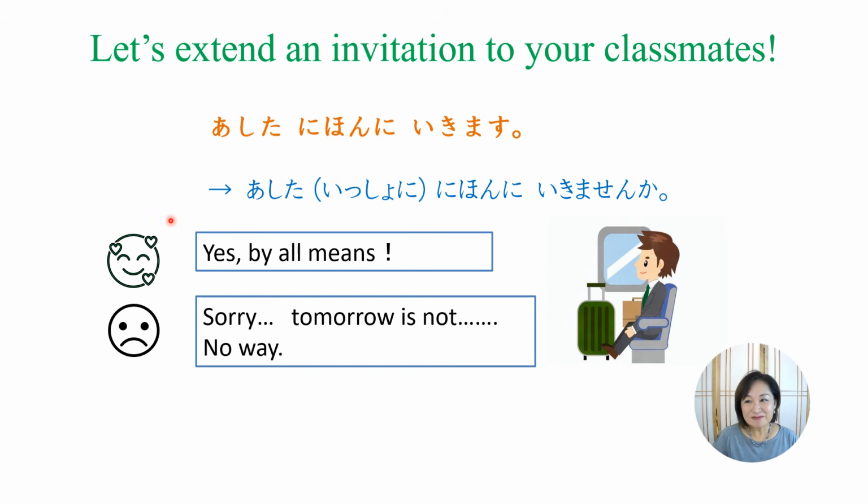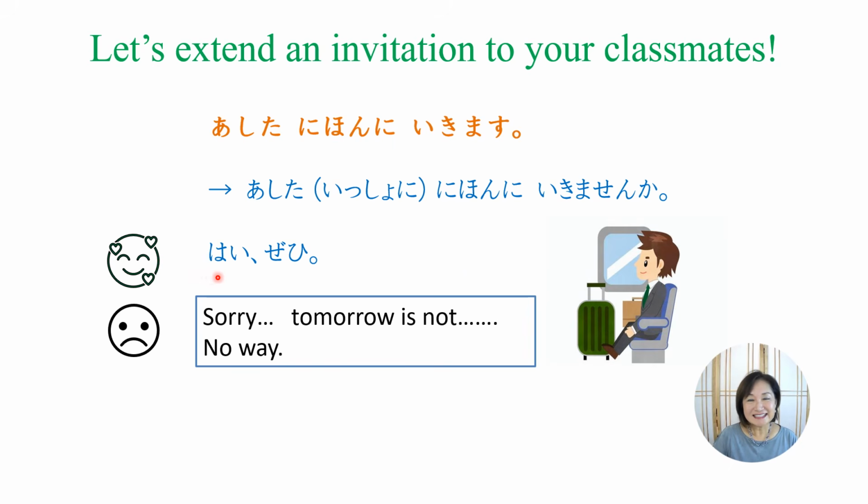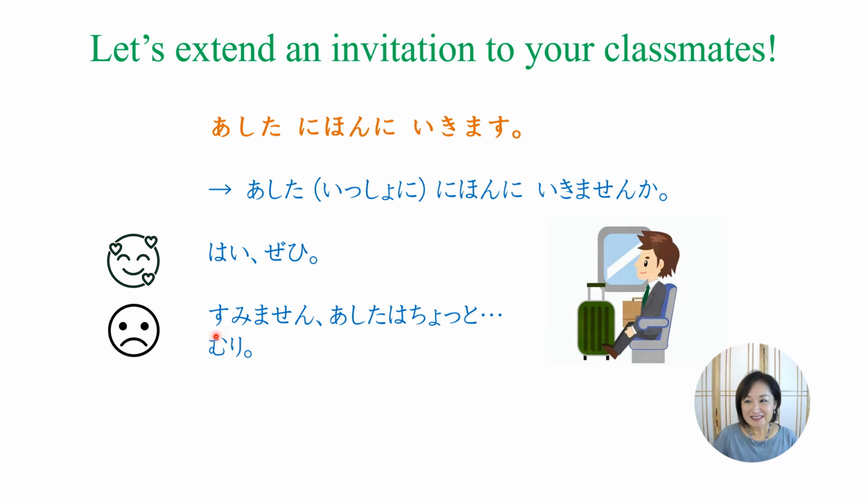Alright, please accept the invitation by all means. はい、ぜひ。And to politely decline, you can say many ways, but let's try one of those phrases that you know to decline the invitation. そうです。すみません。明日はちょっと。Or you can say, no way. 無理。Are you crazy?